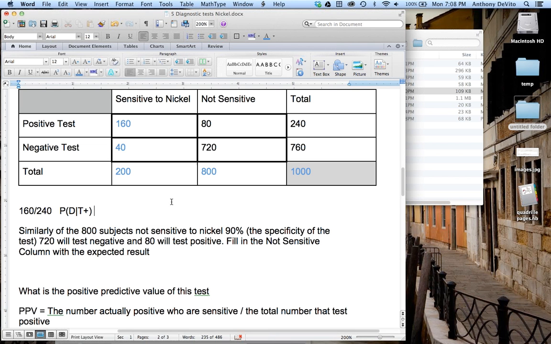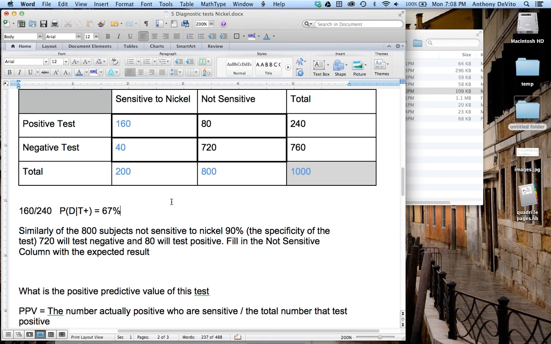On some keyboards it's over the one or on the left hand side. The name of that character is a pipe, but it means given that for our purposes. So that notation says the probability that you have the disease given that you've tested positive, and that's equal to 67%.